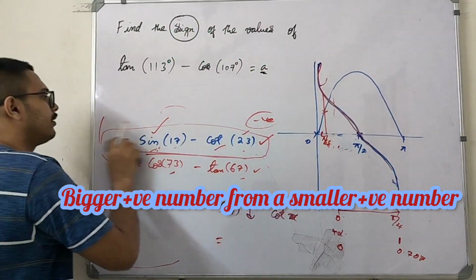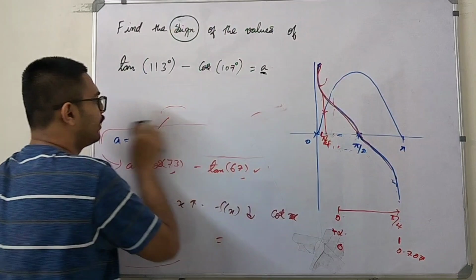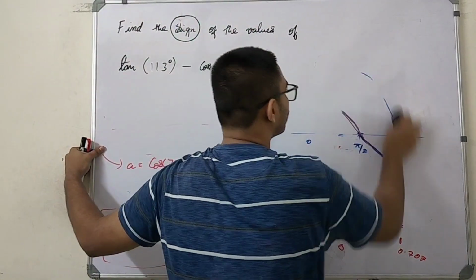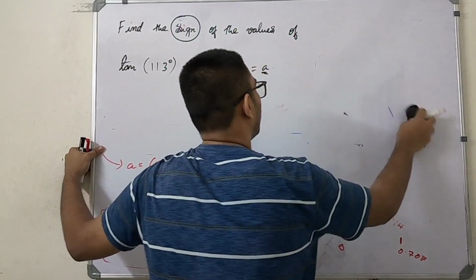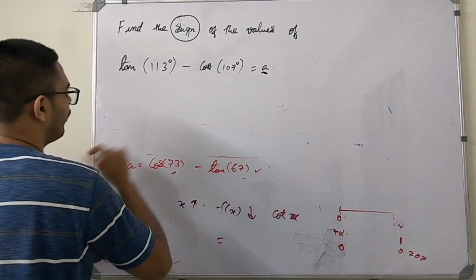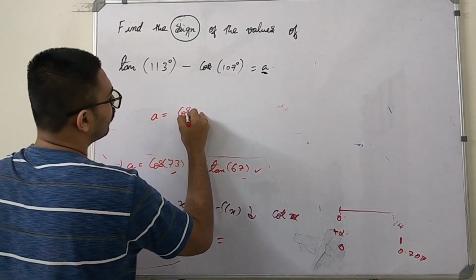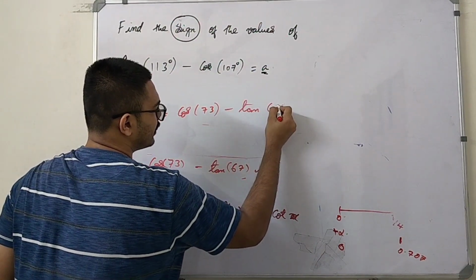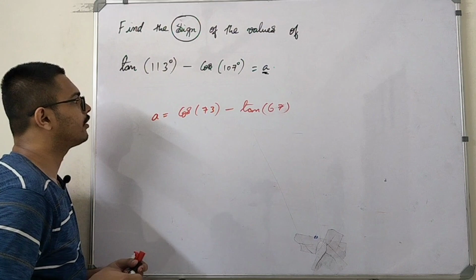Now we can solve using the second value. Considering the second value, we have a equal to cos 73 minus tan 63. Now we are solving this.